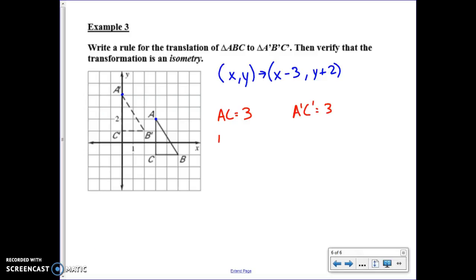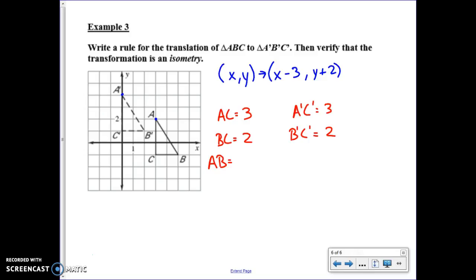I also noticed that BC is a horizontal line, so I can count those boxes. That has a length of 2, and B prime, C prime has a length of 2. So the only thing we have to do is figure out the length of AB and make sure it's the same length as A prime, B prime.